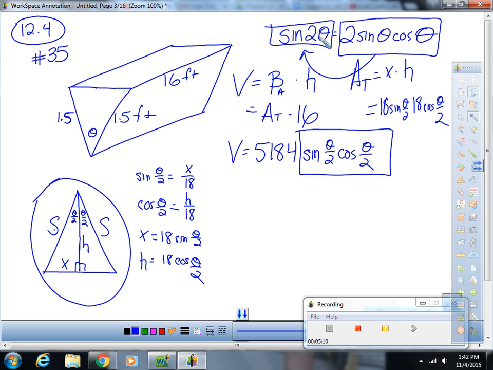Okay? So what is theta over 2 times 2? Theta. So that's just going to become a theta. I take my sine cosine and I turn it into a sine. Okay, now I took what was a 2 and I turned it into a 1. So I take what was a 5184. Josh, what's half of 5184? 2.